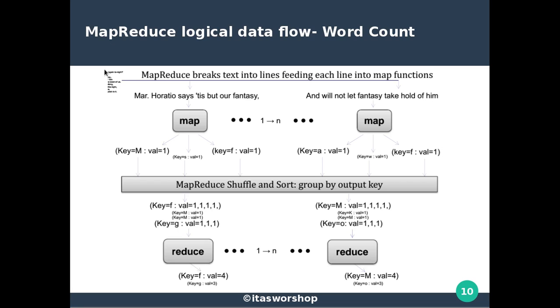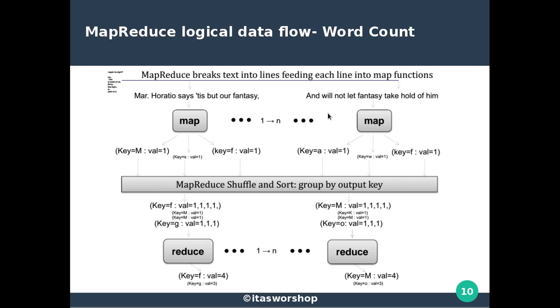So we have got our text file, and now MapReduce breaks the text into lines, feeding each line into the map function. So it will take the line offset. So the map function is taking your line offset, one line at a time. And the map function is a particular task, so obviously, according to your nodes, there will be n number of tasks.